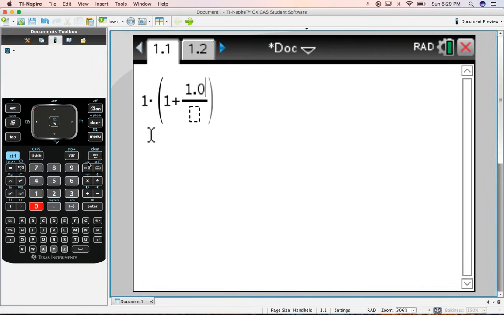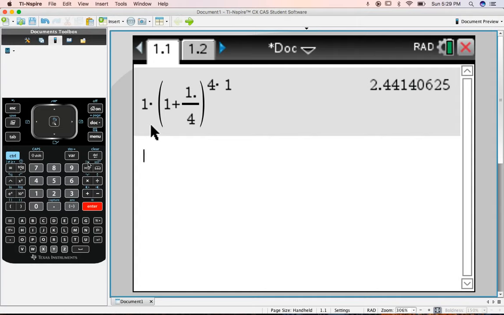So that we have 1.00 over 4 because it was quarterly, and it's raised to the power of 4 times 1. And there's my answer. Okay, so the interest earned during the first year is different. This right here that we just saw is the amount of money that's in there after 1 year.